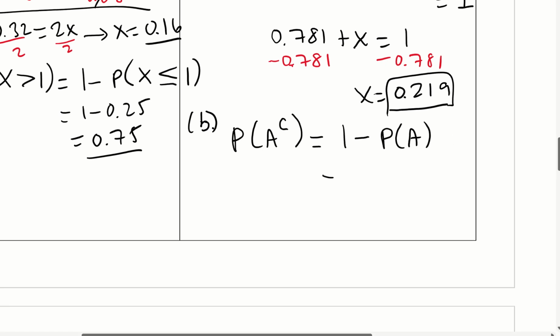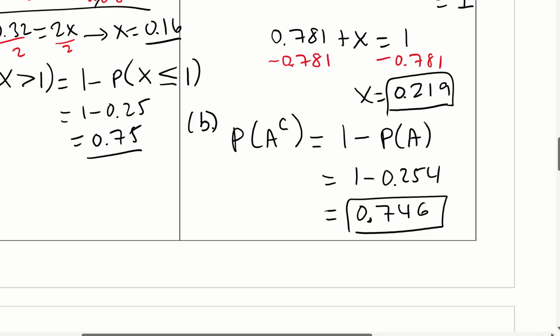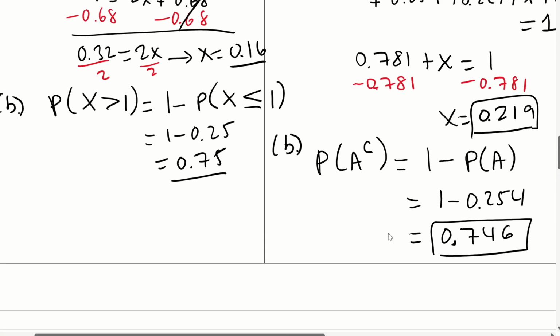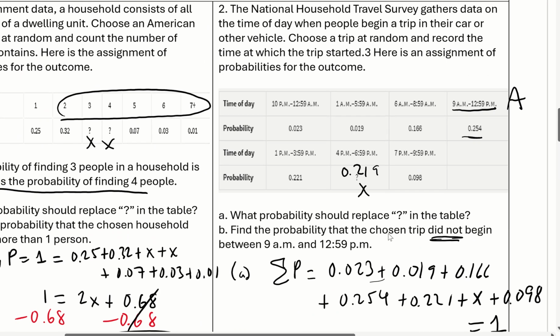So you just subtract it from 1. 1 minus 0.254 is going to be 0.746 chance. So almost 75%. All right, the other way that you could do that is just add these numbers to get the same result, okay?